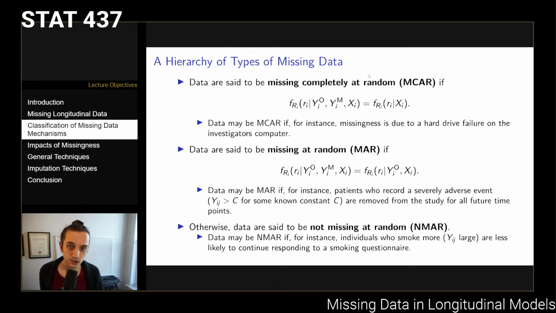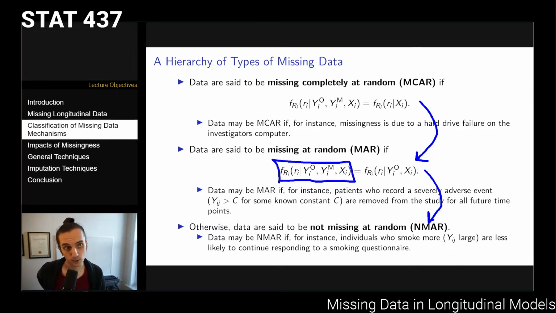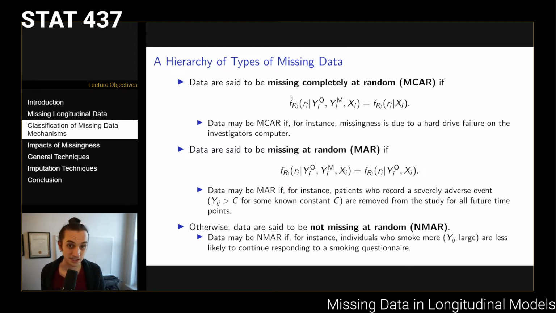So data which are missing completely at random also satisfy the properties for missing at random, and data which are missing at random would also similarly satisfy the properties for not missing at random, which is the distribution that we're working from, right? But intuitively, from our perspective, we'd prefer data to be missing completely at random if they're going to be missing at all.